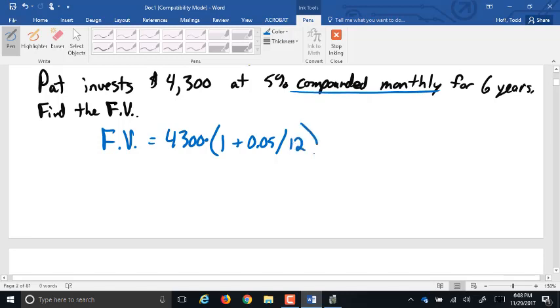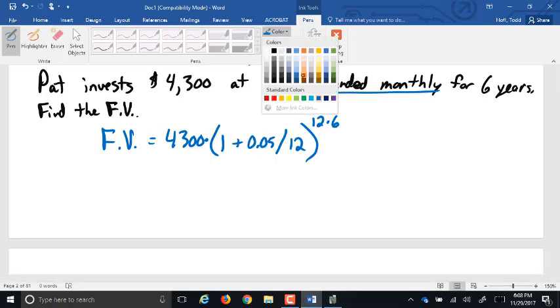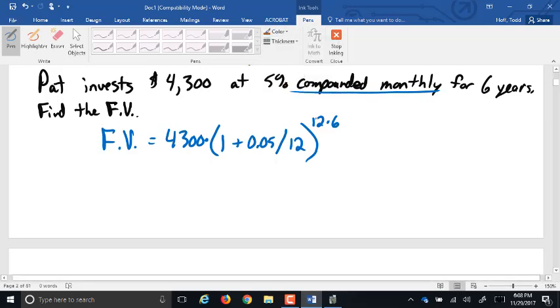So 12 periods in a year to the power of 12 times 6. Now, normally, just to make it easier to punch in my calculator, I figure that number out to be 72. Exactly. It's a lot easier to enter in my calculator if I do that.